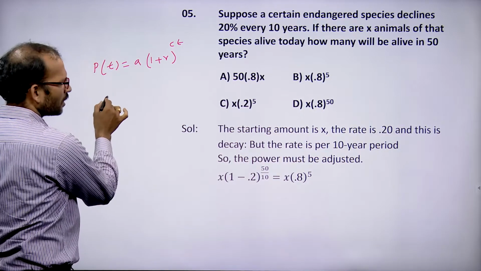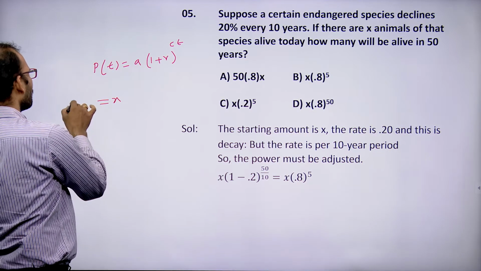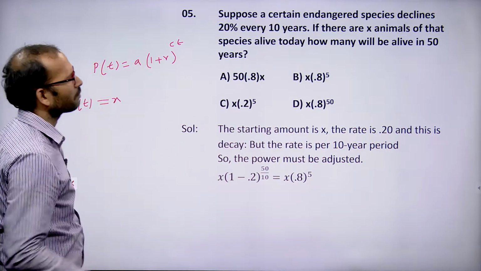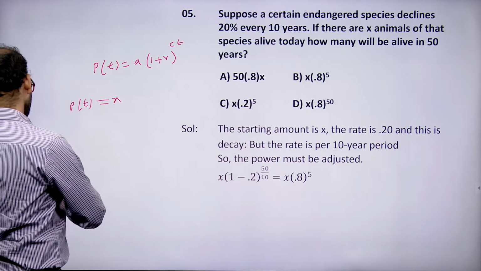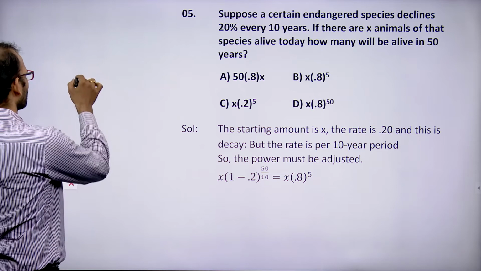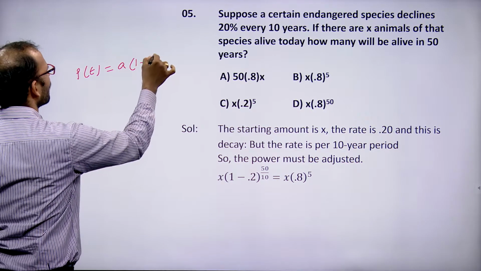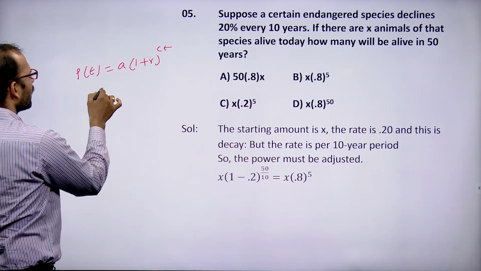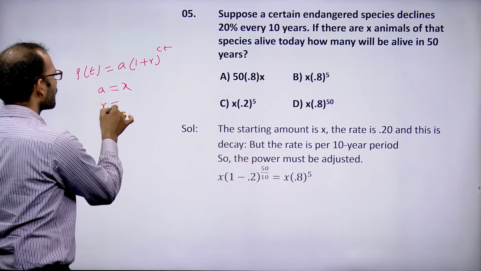So P of t initially is how much? Initially X. P of t will give you the amount after some time, after 10 years, 50 years. P of t equal to A into 1 plus R whole power Ct, where A equal to how much? Initially X. What is R?